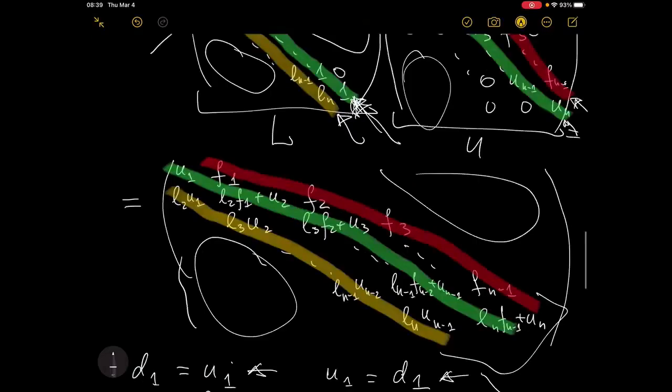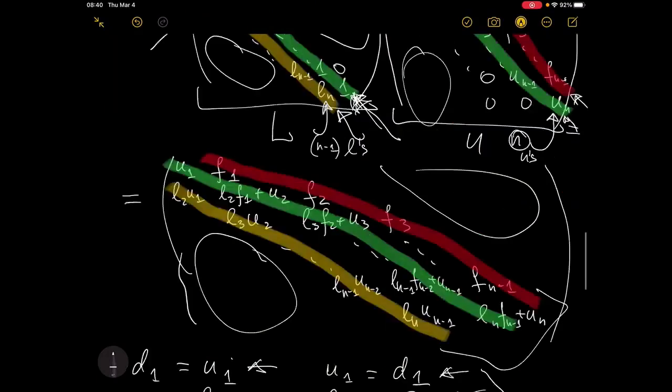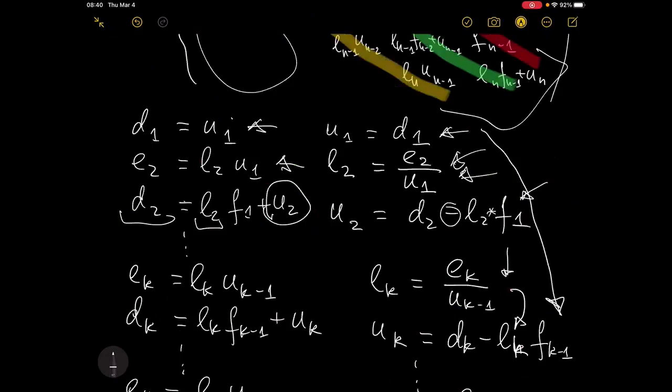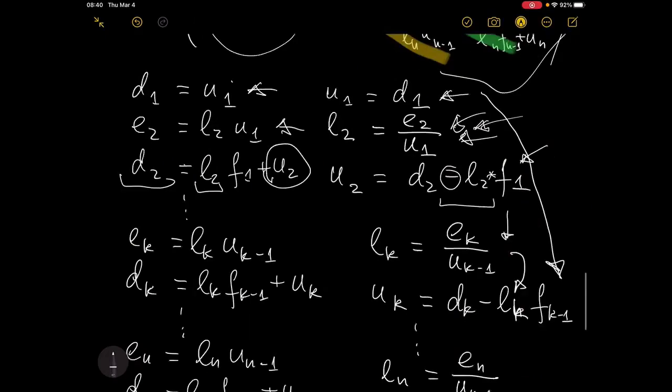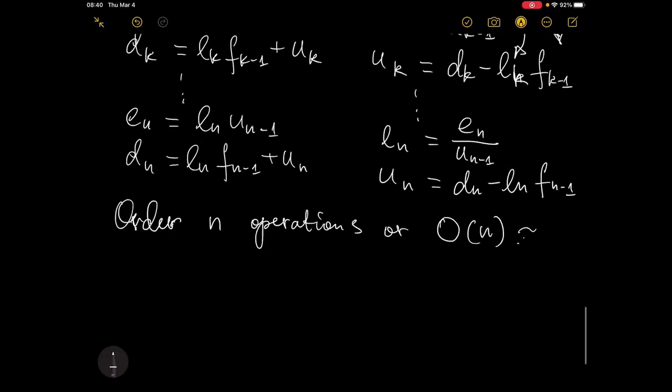You have n U's and n minus 1 L's. For each of them, you need from 1 to 2 operations to compute, right? So altogether, you need approximately 3n operations to compute all the coefficients.